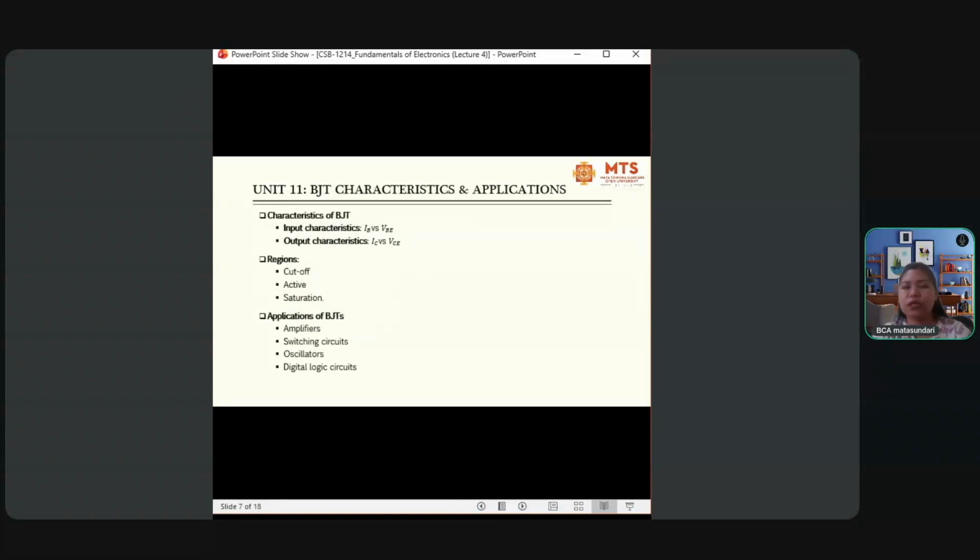Amplification of BJT. What are the applications of BJT? Amplifiers, switching circuits, oscillators and digital logic circuits. These are the applications basically used for BJT.